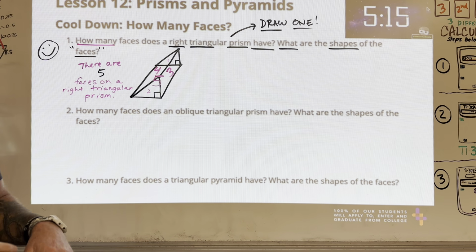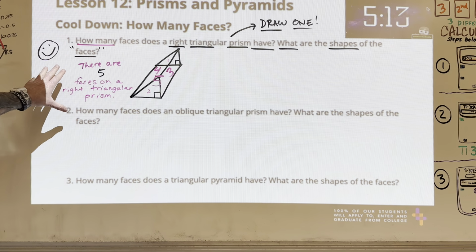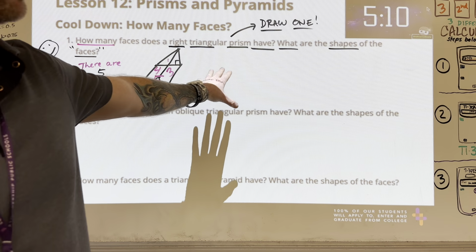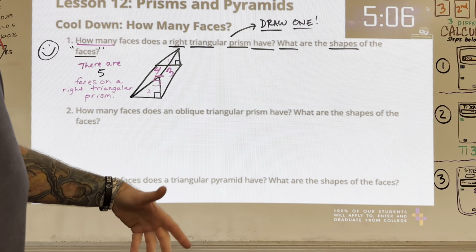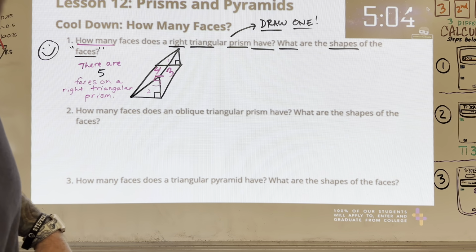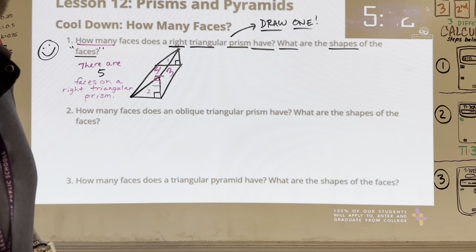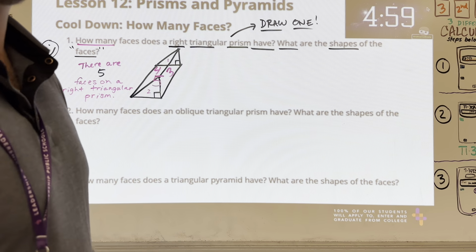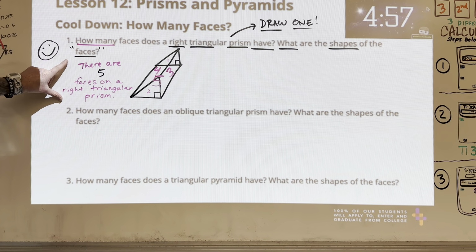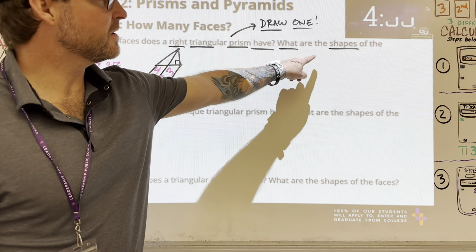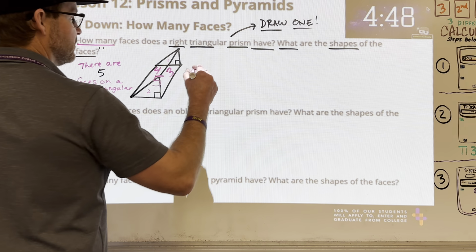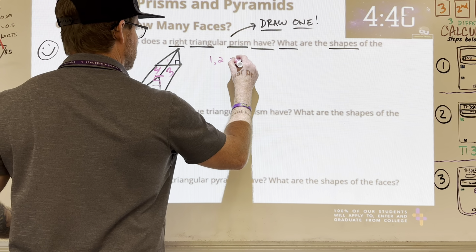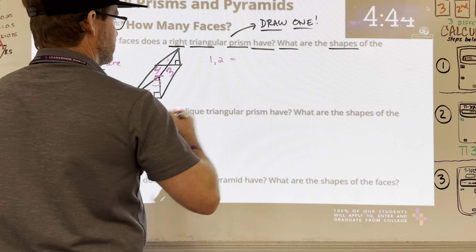Now, one of the key parts of geometry is using your white space and thinking about how much white space you have so that you can continue to have clean work. You don't want to be too sloppy. So I know that I can answer this question right here. And there's a second question. What are the shapes of the faces? Well, 1 and 2 are right triangles.